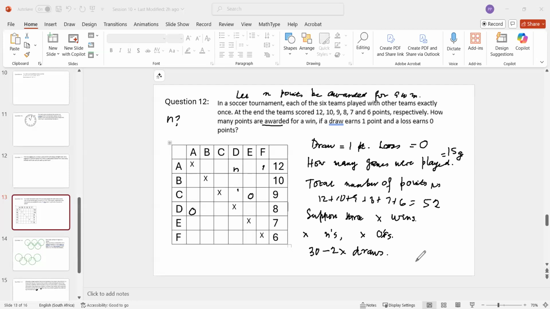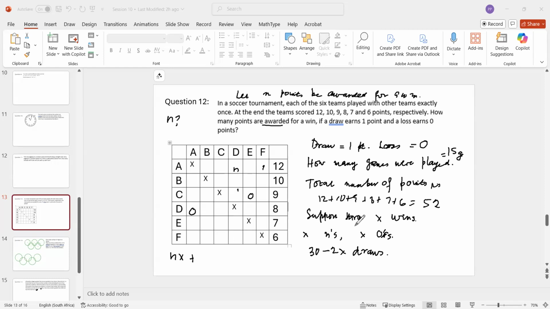Okay, so now you can actually count the total number in a different way because you got 52 is the total. And so it means now, if you count the total, you got n. If you had 4, 4, 4, 4, and there are n of them, so you got nx. The x wins will count, and each win counts for n points. So the wins will count for nx points. The losses will count for 0 points.